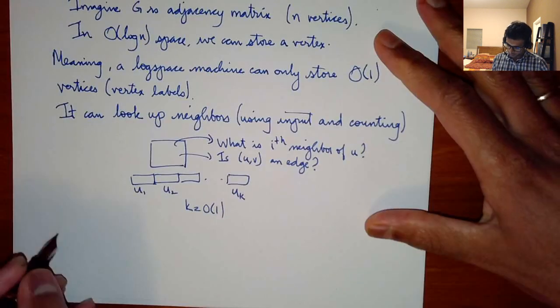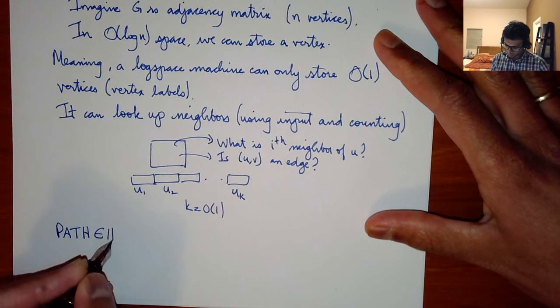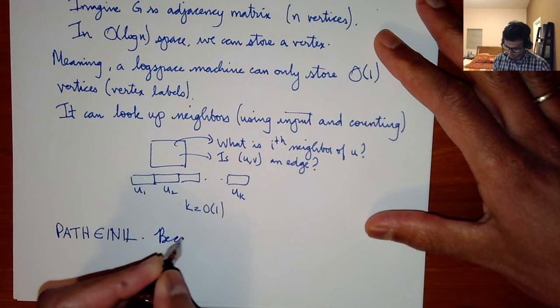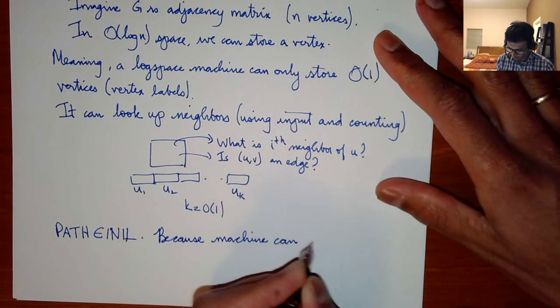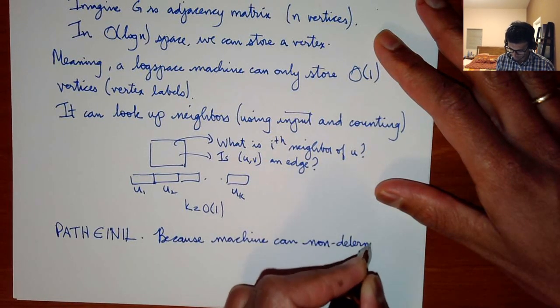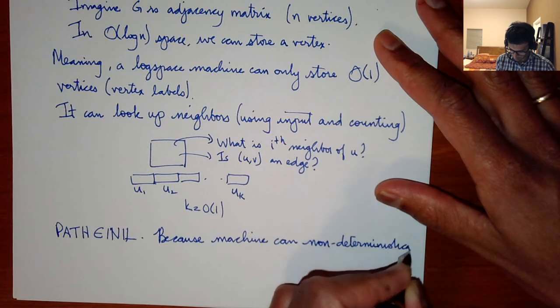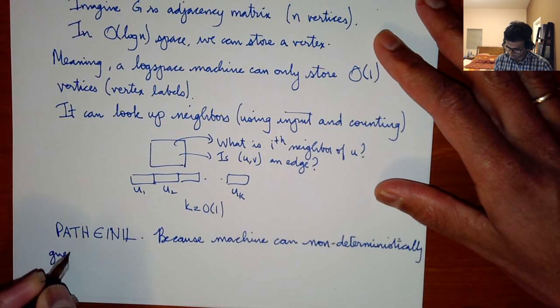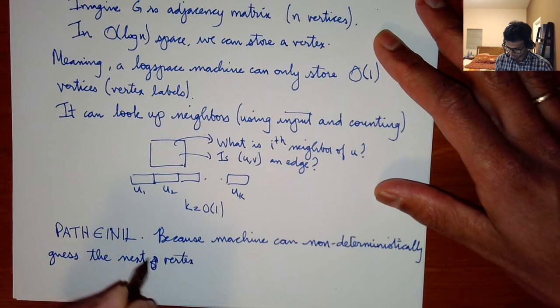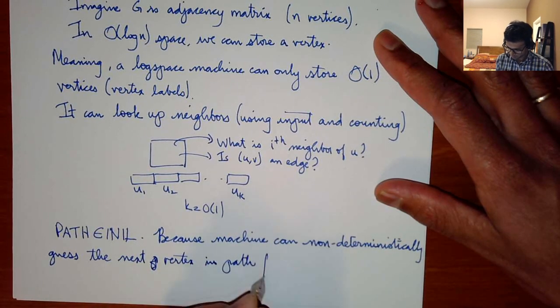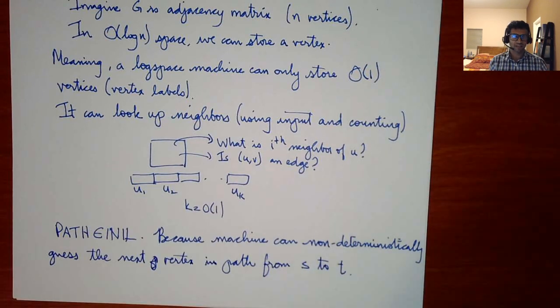Now path is in NL because the machine can non-deterministically guess the next vertex in a path from S to T. So imagine instead of doing a BFS, it sort of does a DFS, but it just guesses what the next vertex to go to is.